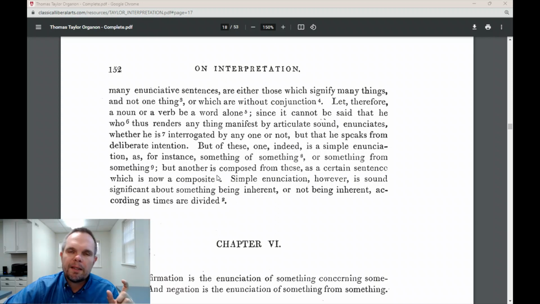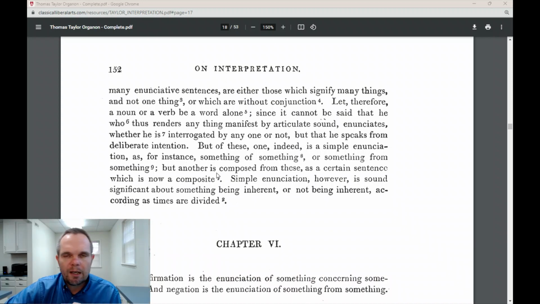So what that means is spoken sound which is intended to signify an idea or a passion of the soul. Simple enunciation is a spoken sound intended to signify about something, a predicate, being inherent, being present in a subject, or not being present in a subject, according as times are divided, in either the present, past, or future tense.